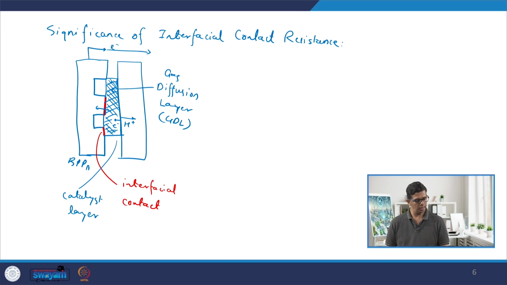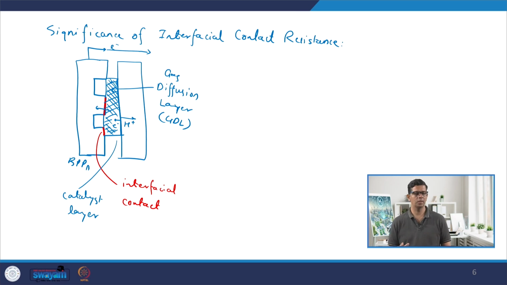Now, the main issue is, when electrons are generated at the triple phase boundary, since the catalyst layer is highly electrically conducting, so is the gas diffusion layer. There is not much difference that electrons feel when they travel from catalyst layer to the diffusion layer, so the resistance is not much.